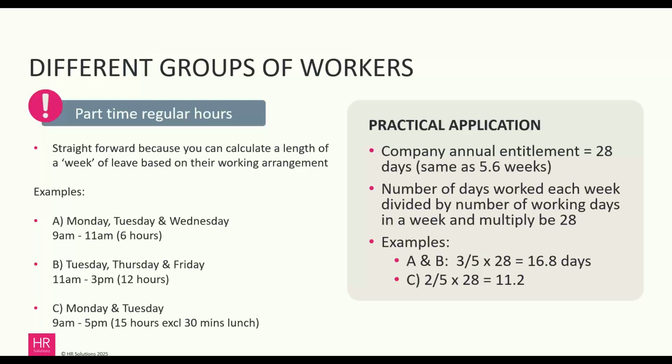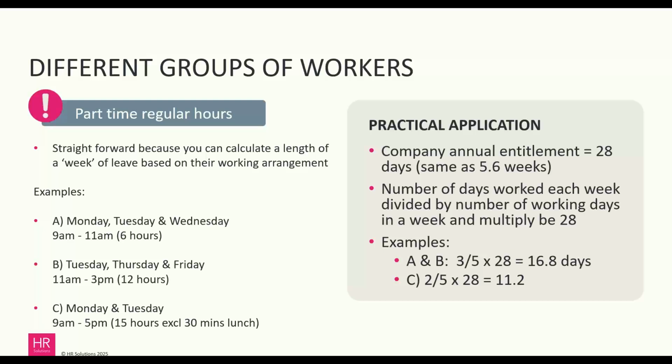So as you'll see in examples A and B, both of whom work 3 days, they would earn 16.8 days worth of annual leave in a year. So this is a straightforward way of calculating part-time holiday when they're working those regular hours. Example C, working 2 days a week, they will receive 11.2 days of entitlement.